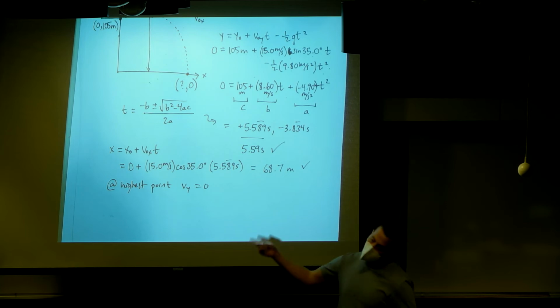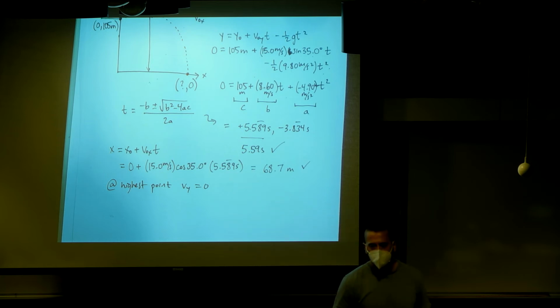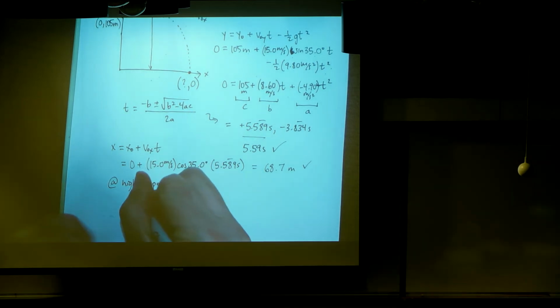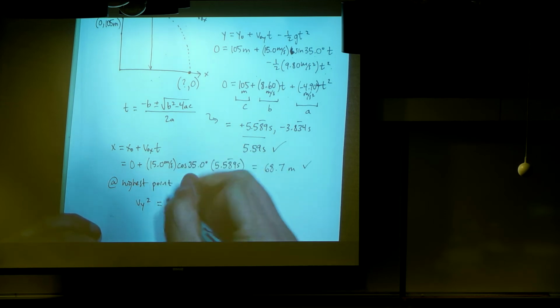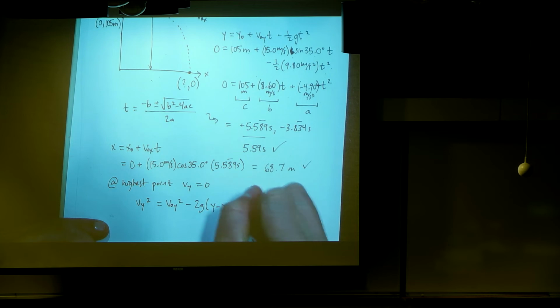Do we know the time that the projectile reaches the maximum height? We don't know that actually. We know the time it lands. We don't know the time it reaches its maximum height. So if time is unknown to us, maybe we want to use this equation, which says vy squared equals v naught y squared minus 2g(y minus y naught).